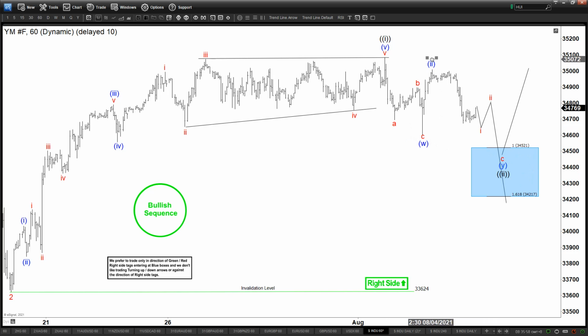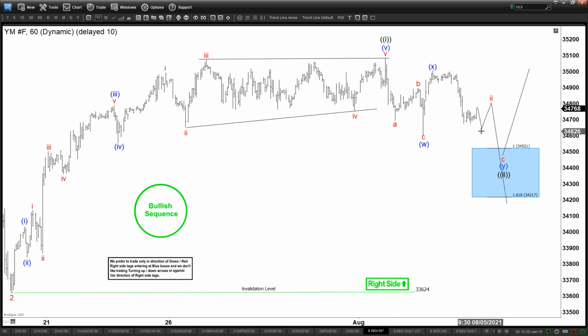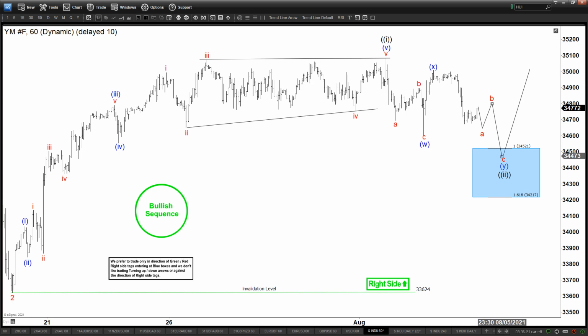But if not, if this is the right interpretation, it's only 3 swings, then you've got a pretty good chance from this blue box you will see support, right? You will see support, and then from there you can get at minimum 3 waves reaction to the upside. If not going to new high, then minimum 3 waves reaction to the upside, right? So that's the idea. But that's in the shorter cycle.